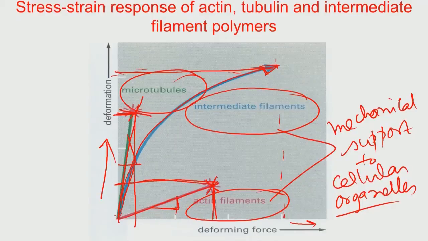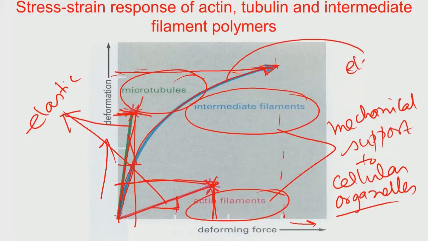So, this slide essentially captures the characteristic difference in the mechanical response among actin filaments, intermediate filaments and microtubules. To summarize this behavior, actin filaments and microtubules show a more perfectly elastic kind of response. Intermediate filaments show elastic and viscoelastic type of response.